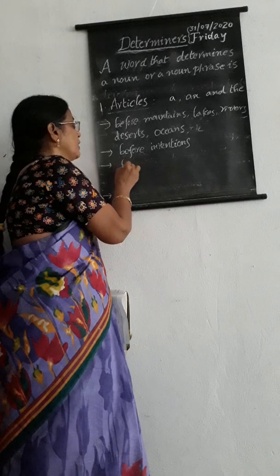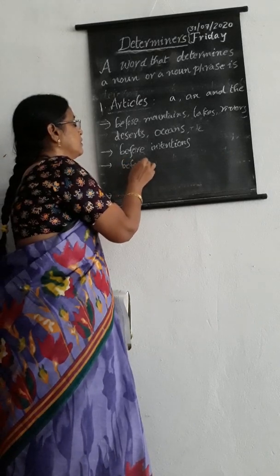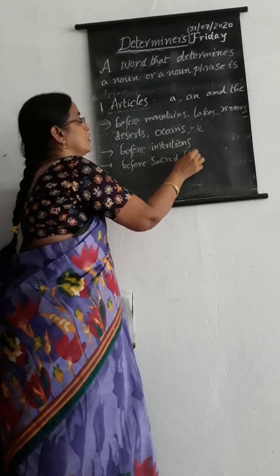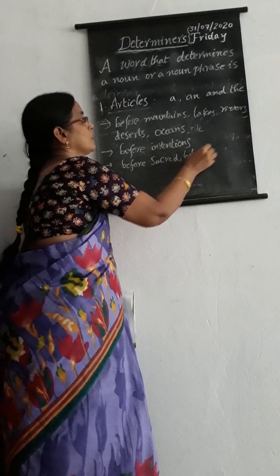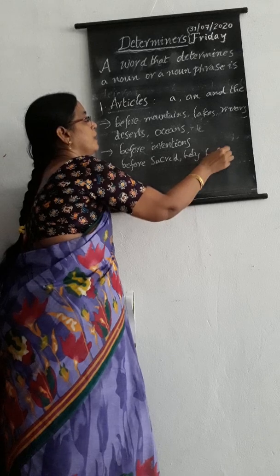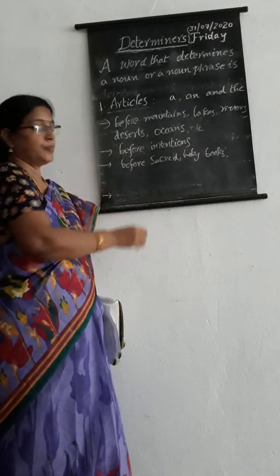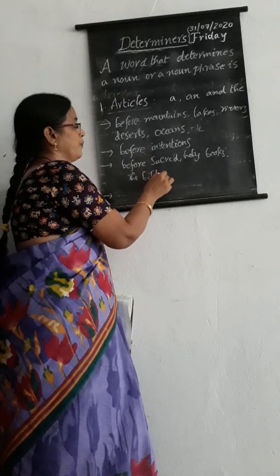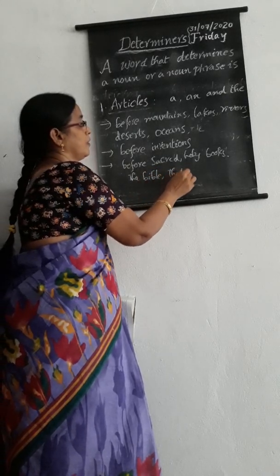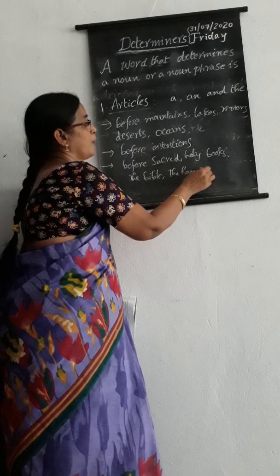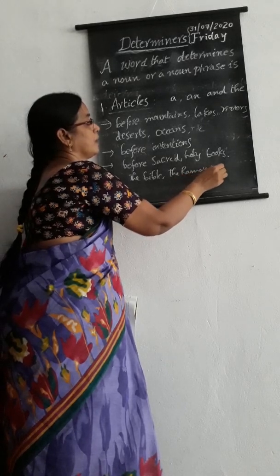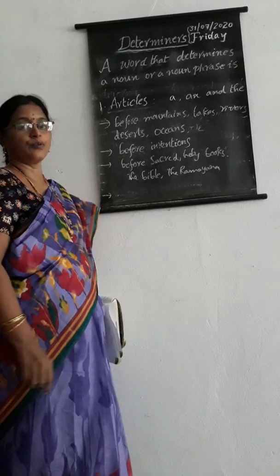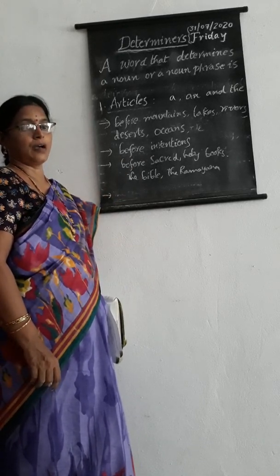Before sacred books, holy books, we have to use the definite article the: the Bible, the Ramayana, the Mahabharata, the Quran, etc. Before holy books we have to use the definite article the.